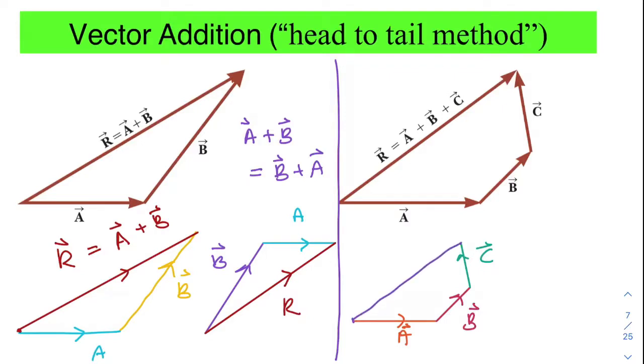So you are going to have your resultant here, where the resultant is actually the addition of A, B and C, like that.